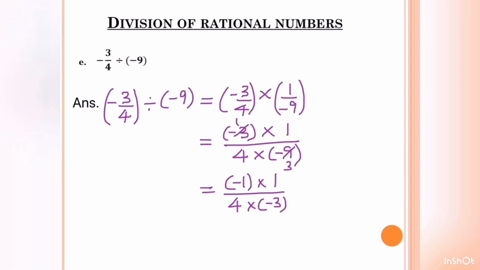This expression is equal to minus 1 times 1 is minus 1 by 4 times minus 3 is minus 12. This is equal to minus 1 by minus 12, which is a positive rational number. It is equal to 1 by 12. This is the answer.